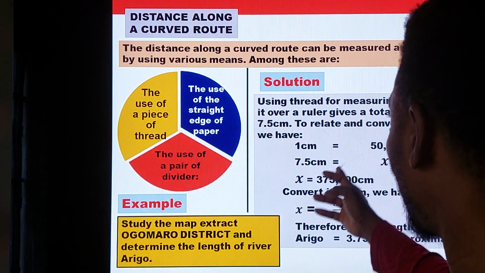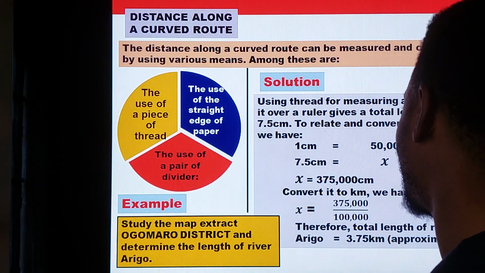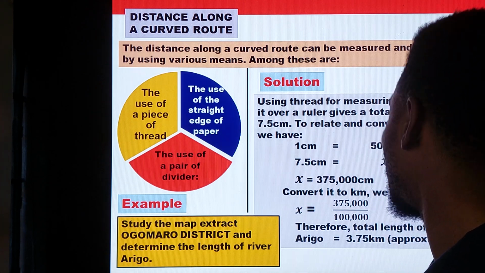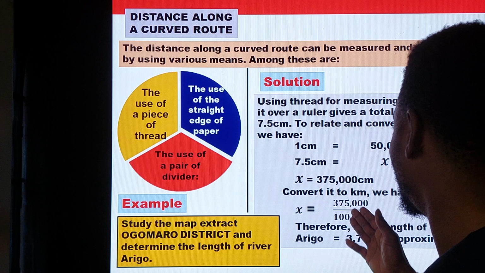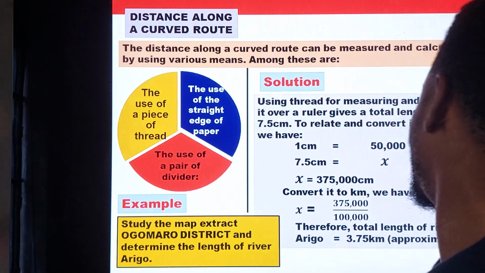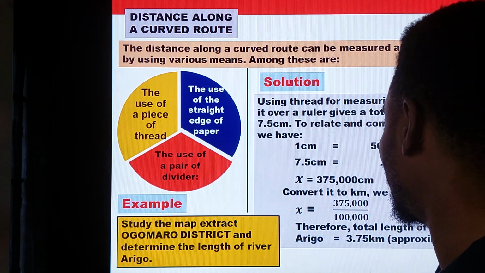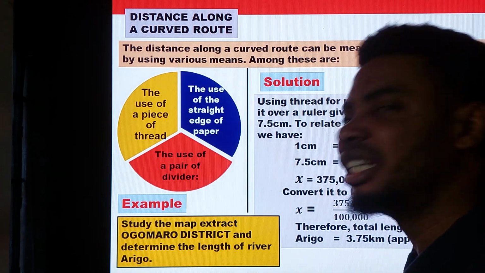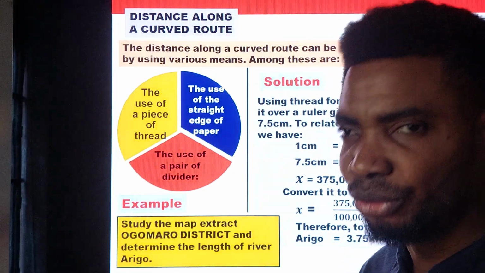So you just cross multiply, and it will give you 375,000 centimeters. And then when you divide 375,000 by 100,000, it will give you 3.75. That is in kilometers, and that is the approximate length of River Arigo.